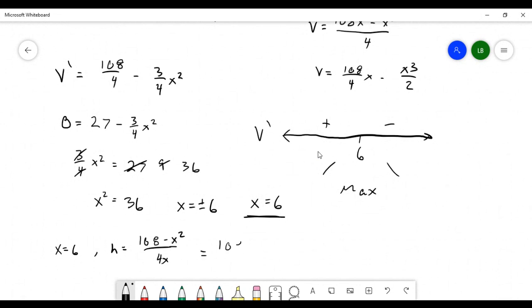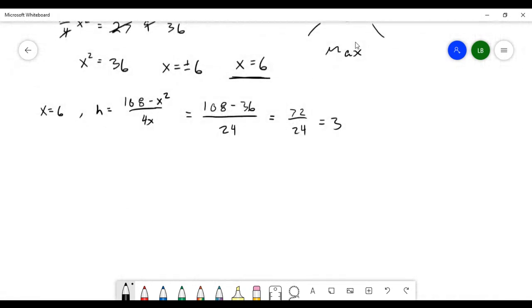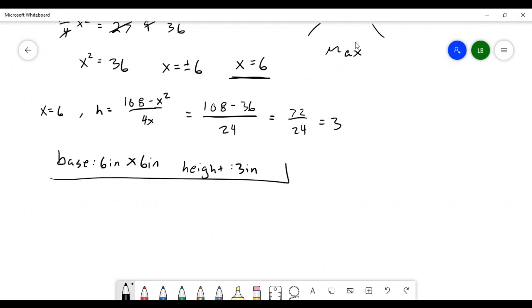So in this case, 108 minus 36 all over 24, which is 72 over 24, which is 3. So then the dimensions of the box would be base being 6 inches by 6 inches, and then height of 3 inches. That would be our optimized volume. Does all that make sense?